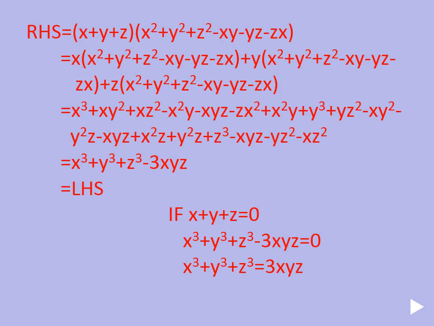Continuously you go for the terms, you can understand that one. yz square minus xy square minus y square z minus xyz plus x square z plus y square z plus z cube minus xyz minus yz square minus xz square. Very lengthy expansion. Don't think that it is easy. It is not easy. You have to practice this one, because sometimes they'll ask the expansion.